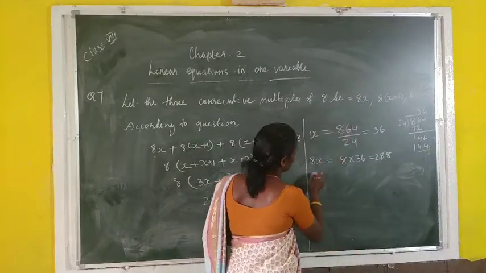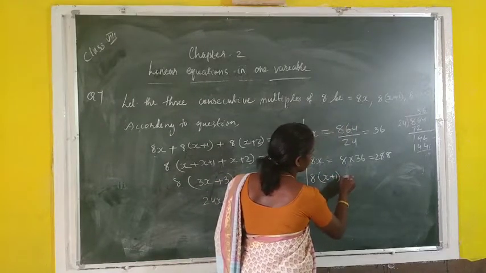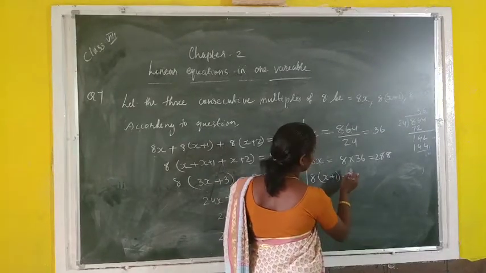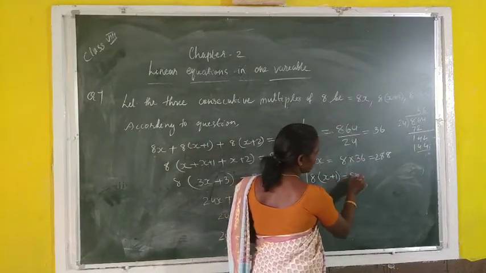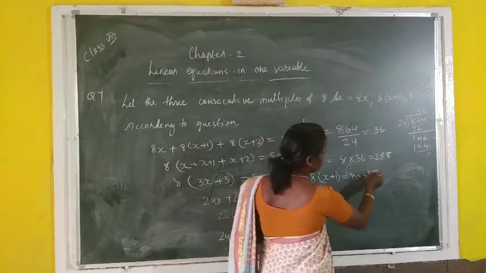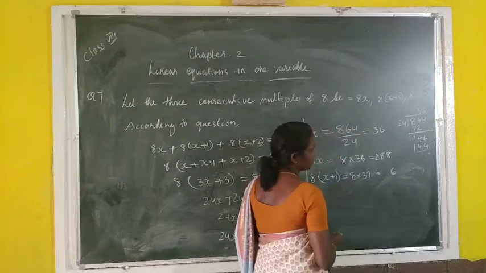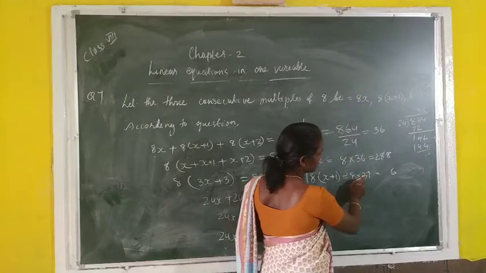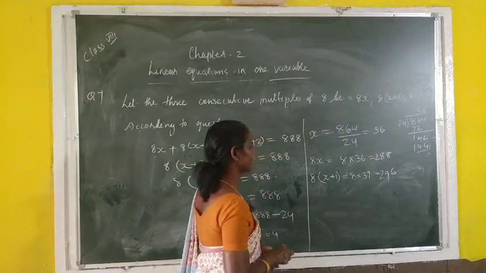So 288. The next, 8 into x plus 1. What is the answer? x plus 1, here x is 36, plus 1 is 37. So 8 into 37. Look, 8 7s are 56, 6 carry 5. 8 3s are 24. 24 plus 5, 29. So the second number is 296.